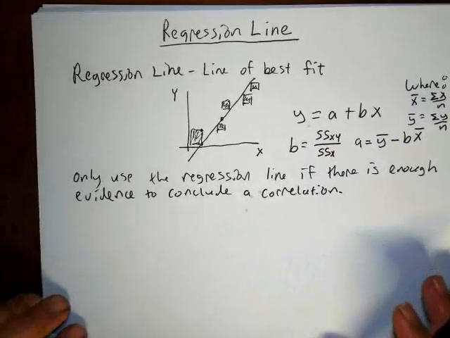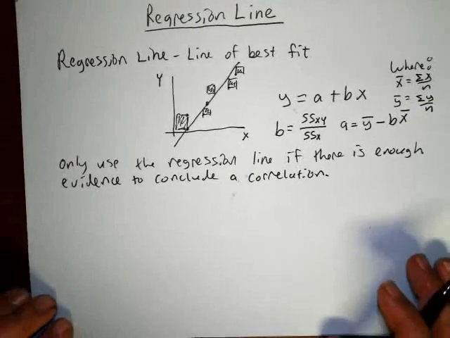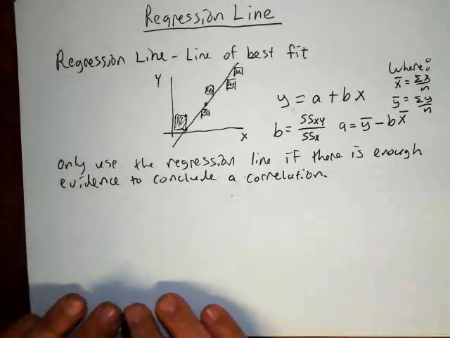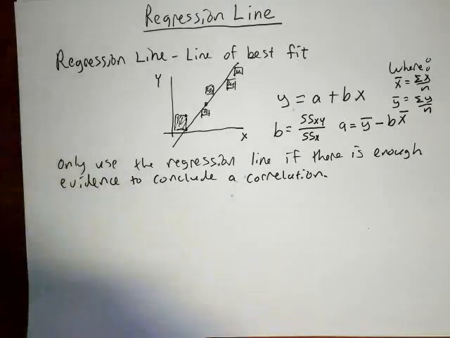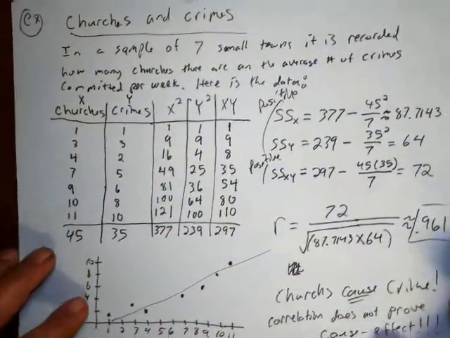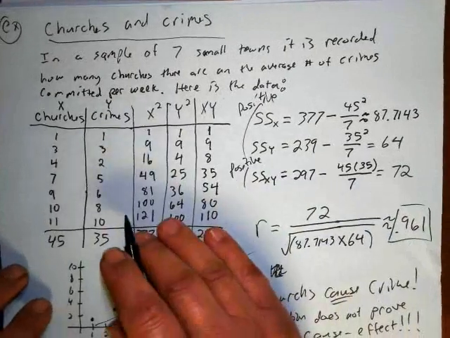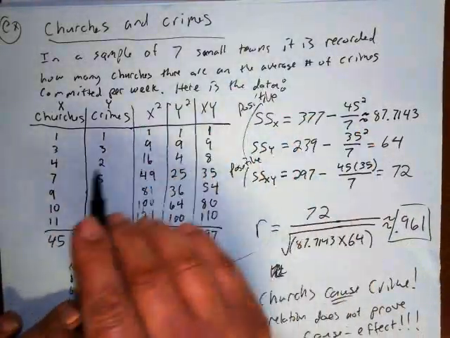So this really isn't too bad here. What I'm going to do is use this example that we did earlier, and we already got a bunch of the information that we need here. This was the churches and crimes.